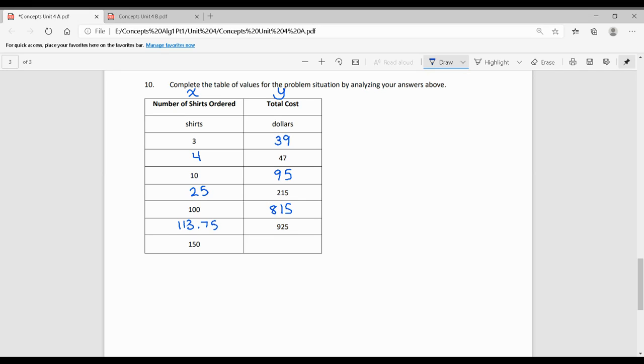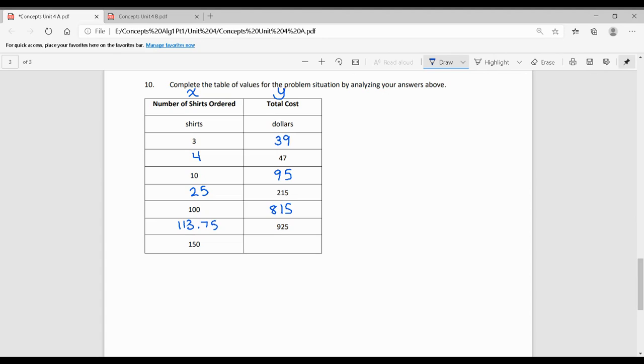Here's the reason, guys, I'm having you write 113.75 is because when we have our X and our Y, when we plot our points, we need to make sure it's exact and linear. If we start rounding, our line will not be straight anymore. It'll start to curve a little bit. We don't want that happening, okay? So when I looked at that problem, I want to see in a sentence, this means we can only buy 113 shirts. But in terms of your X and your Y solution, the ordered pair is 113.75, comma 925.